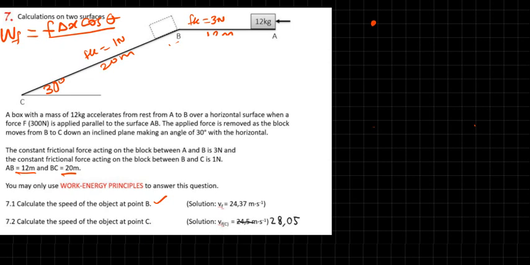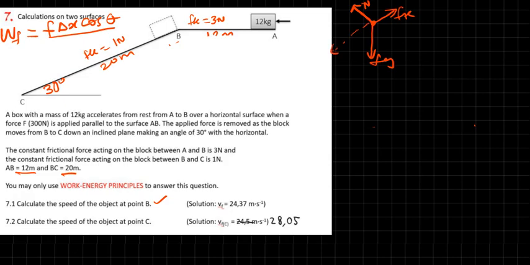So now the forces acting on the object, we shall have the normal force, and we shall have the gravitational force, and we shall have the friction.